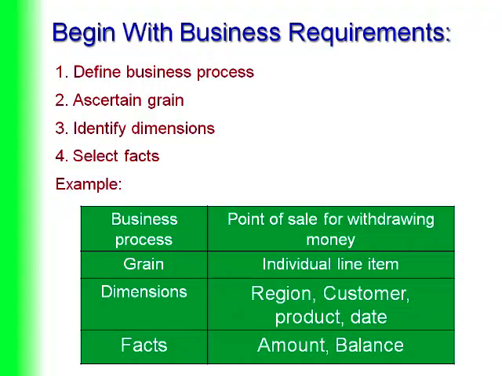That means based on the business process requirements, we have to identify and understand the grain and its level, then identify the dimensions, and finally select the facts. For example, point of sale for withdrawing money, the grain is individual line item. Dimensions are region, customer, product, and date. So the facts are amount, because withdrawal is the process, and balance.